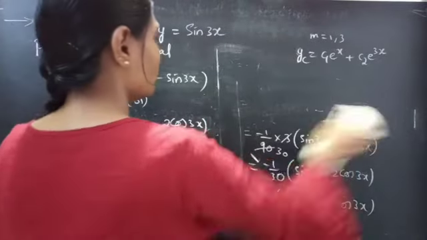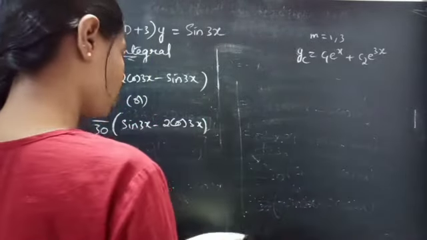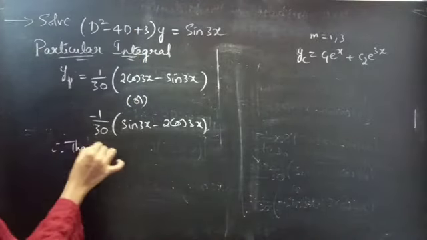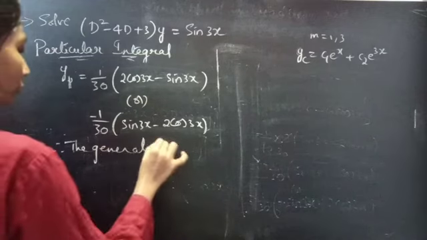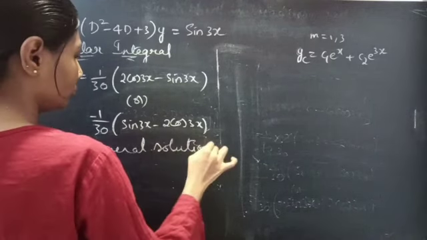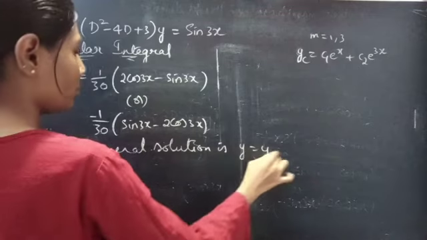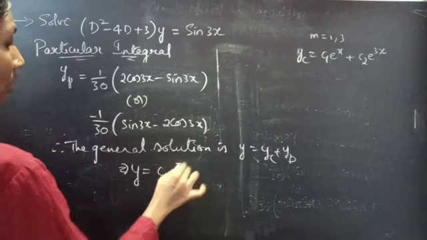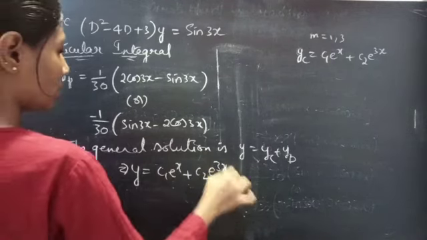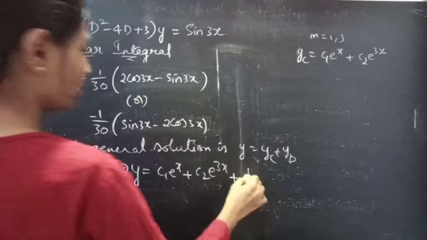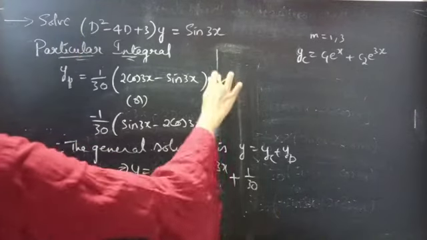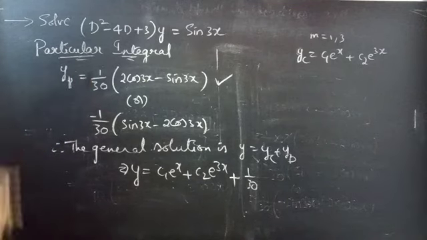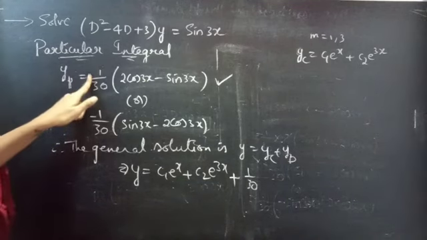Now let's write the general solution using the two yp's. Therefore, the general solution is given by y equals yc plus yp. Then y equals yc, c1 e power x plus c2 e power 3x, plus yp, 1 by 30. Firstly, we'll write for the positive term, that is having positive sign in front of the fraction.